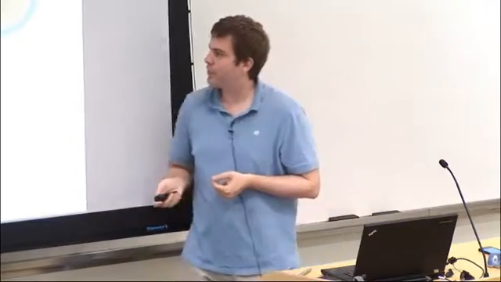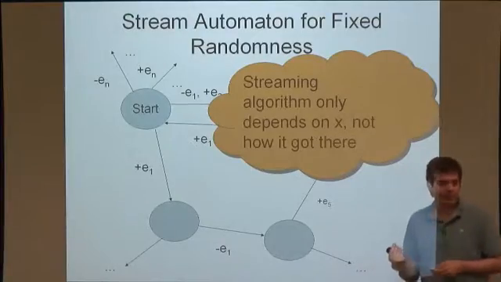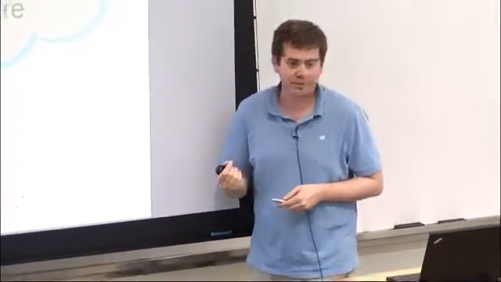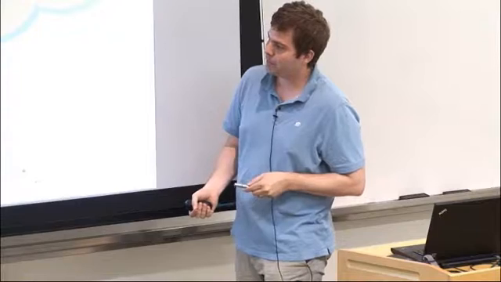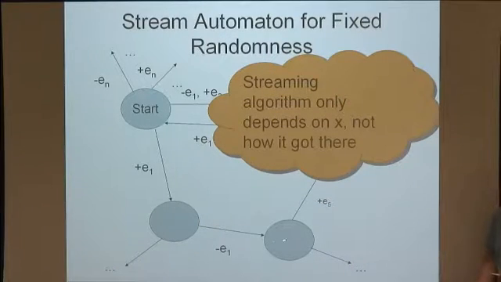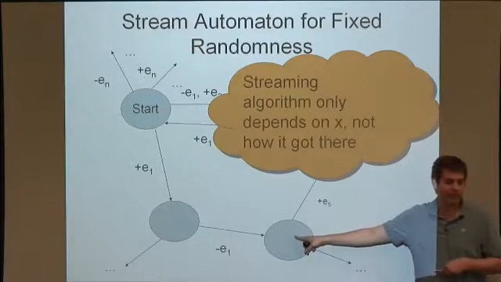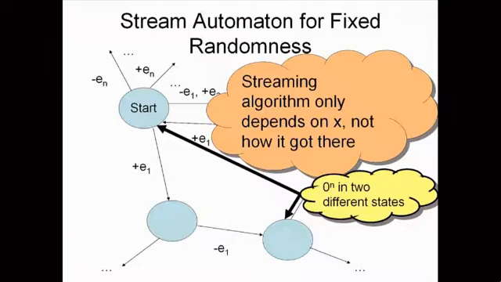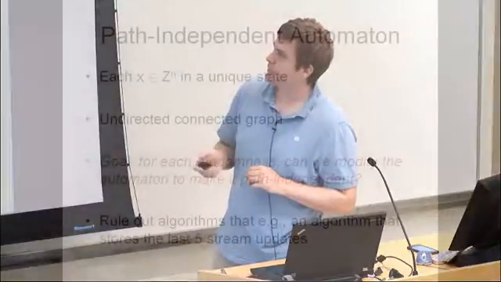Note that this particular automaton does not have this property, because if I start in this state and my vector x is initialized to all zeros, if I add 1 to the first coordinate and then subtract 1 from the first coordinate, the all zeros vector also goes to this state. So this is something we'd like to avoid. So 0 to the n is in 2 different states.